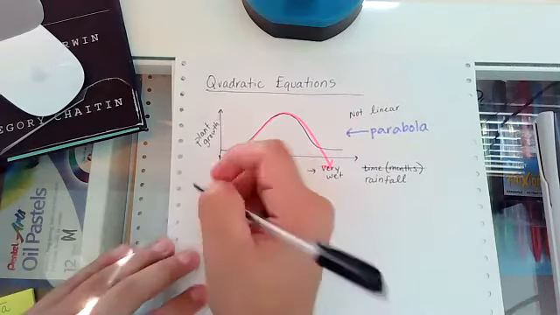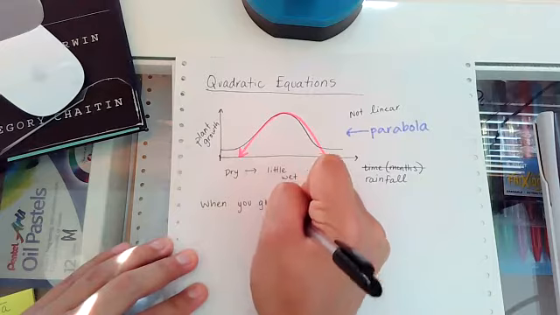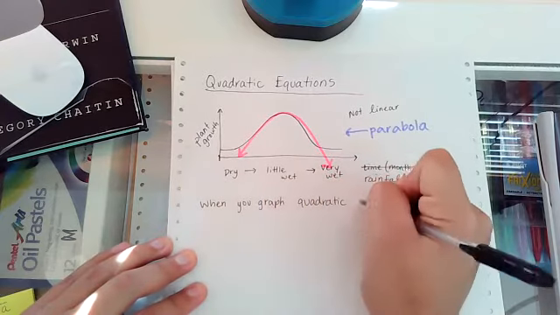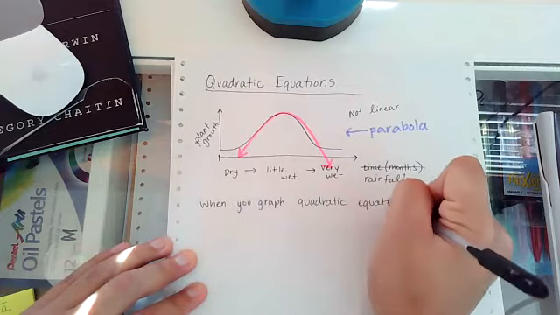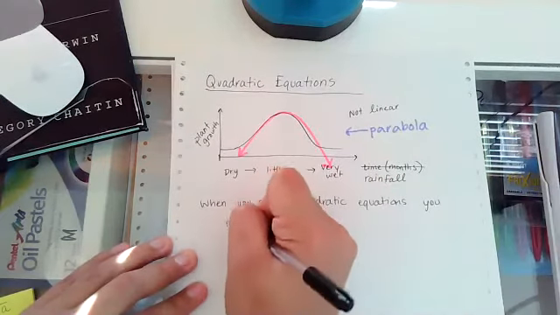And it turns out that when you graph quadratic equations, you obtain a parabola.